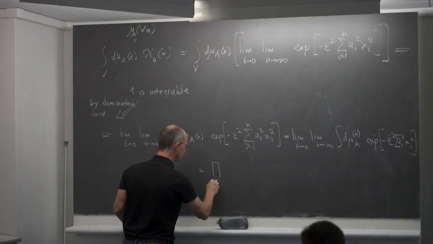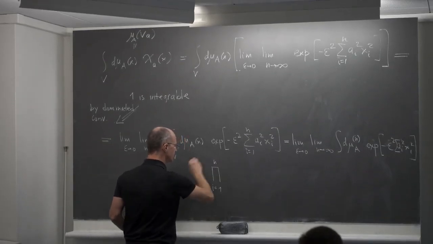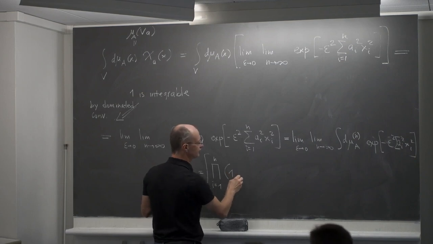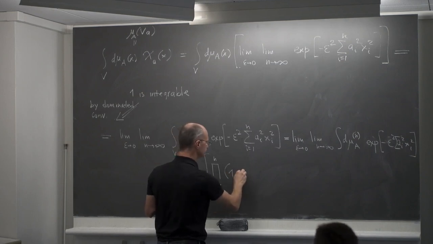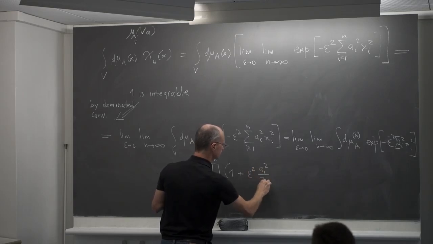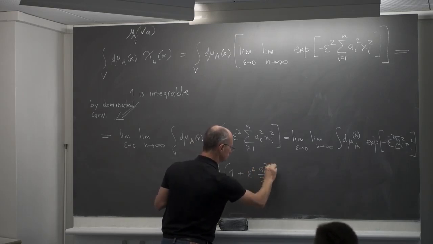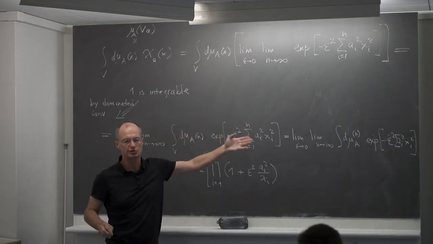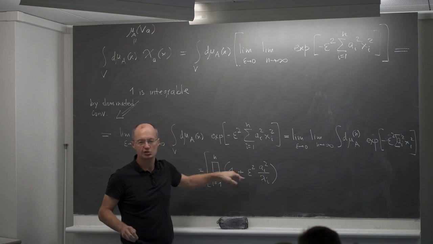If I'm not mistaken, the result of the computation is this. So we have a product. This exponential will be added to the Gaussian exponential. It will change the determinant.